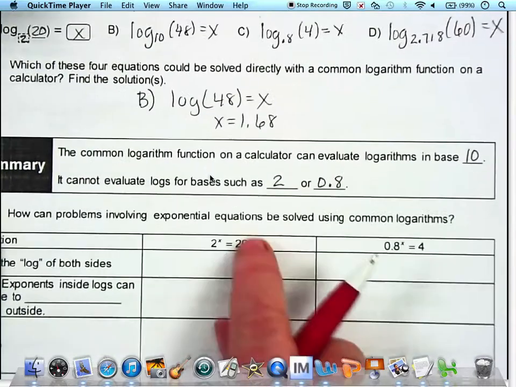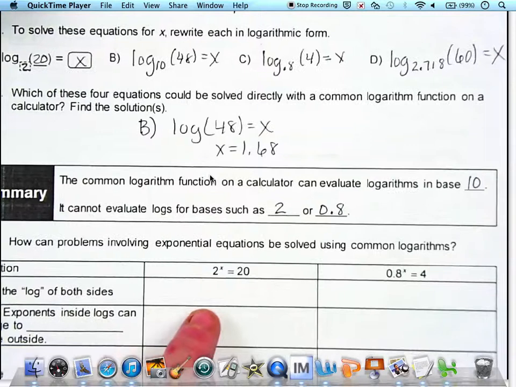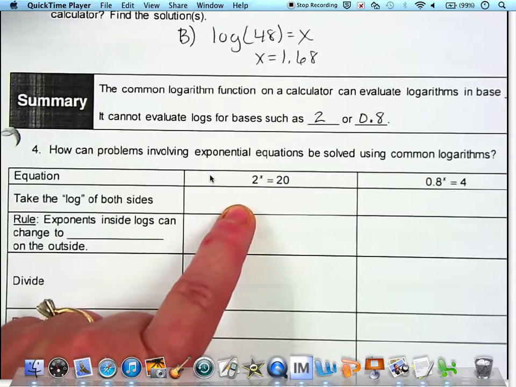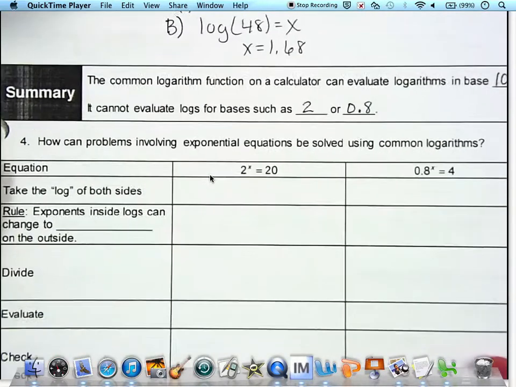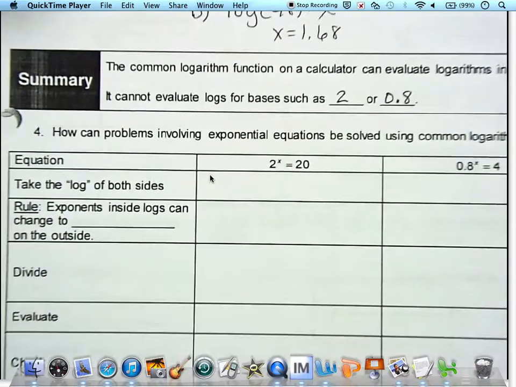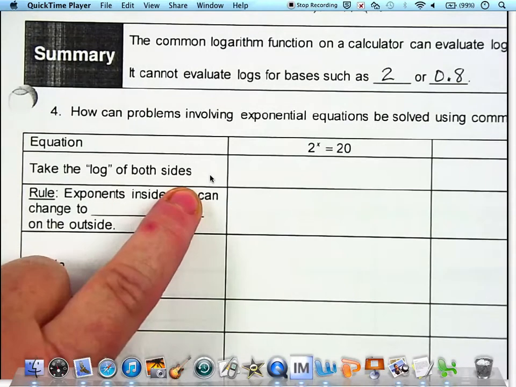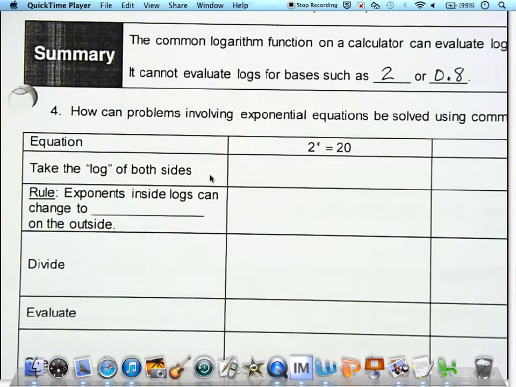And we're choosing those two because they're in these problems, and we're going to find a way to solve these. All right, we've got 2 to the X equals 20. There are no logs anywhere in there, but what we're going to do is take the log of both sides, because the log is going to undo something for us. And this is where the fairy log mother comes in, and she gives you 2 logs.